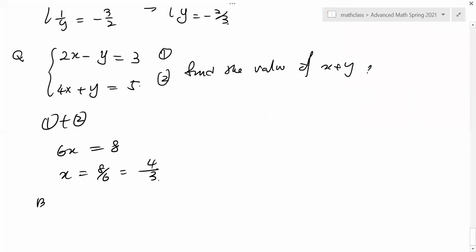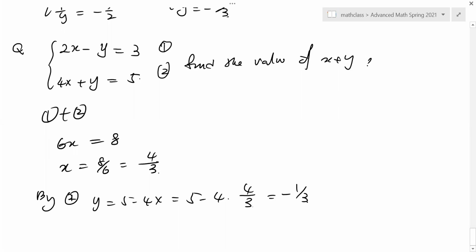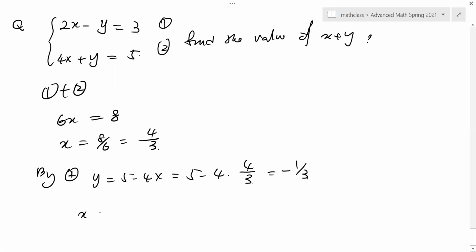Then I use equation 2: y equals 5 minus 4x, 5 minus 4 times 4 over 3, which is negative 1/3. So x plus y equals 4 over 3 plus negative 1/3, and that is going to be 1. You still can solve it, but that's not a good method.